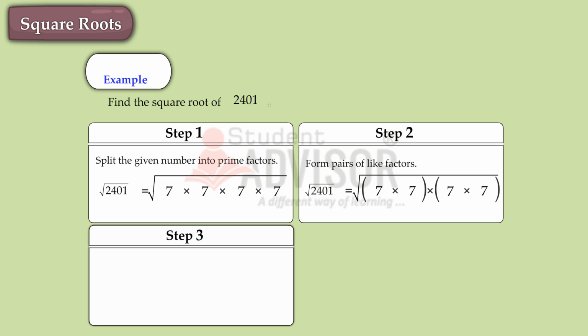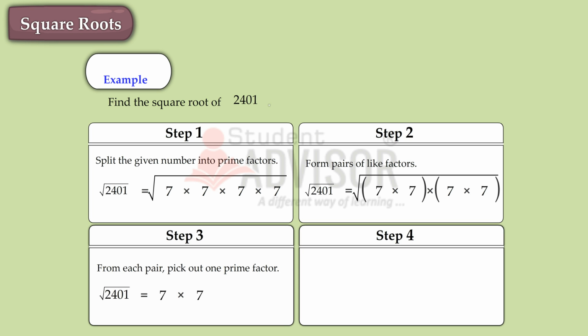Step 3. From each pair, pick out one prime factor. Step 4. Multiply the factors so picked. The product is the square root of the given number.